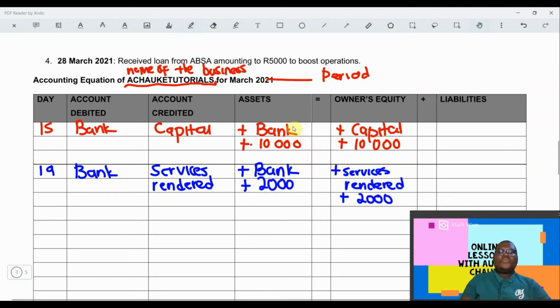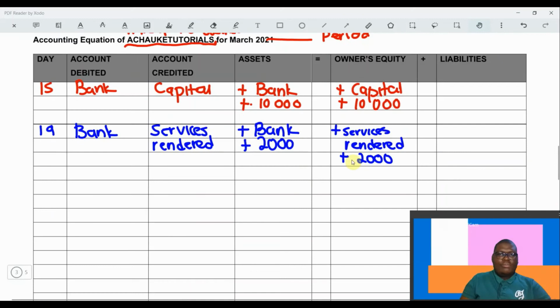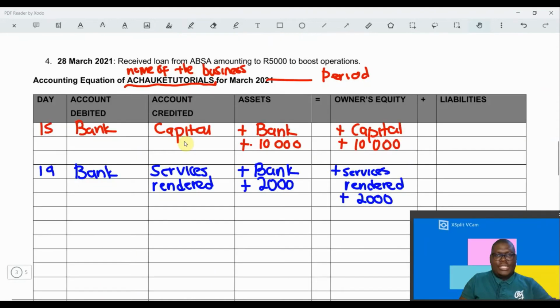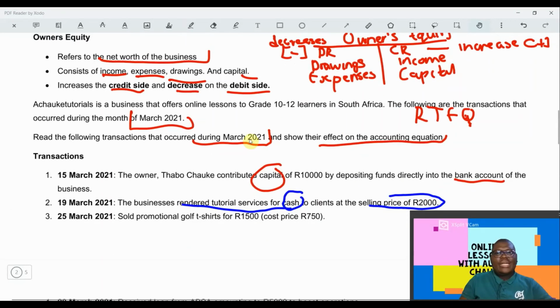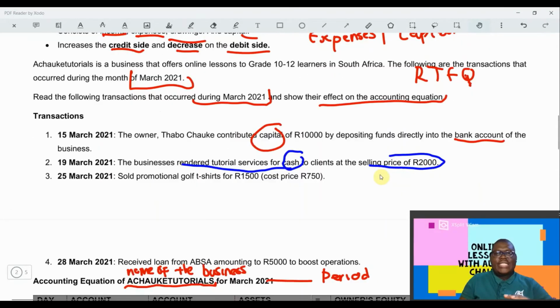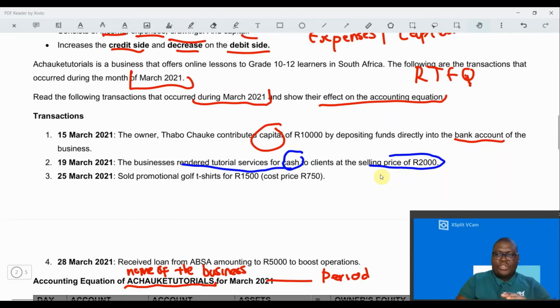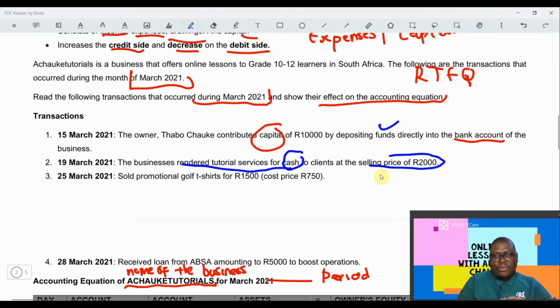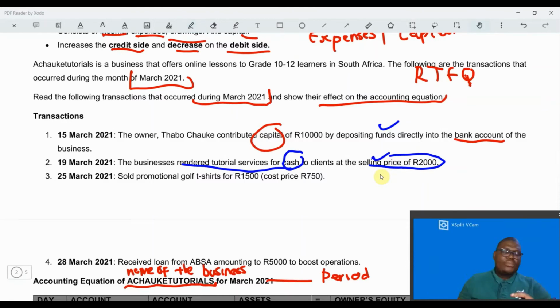Okay, I have enough space, so which is why I've decided to just write this below this. The most important thing is that I've shown the amount and the accounts that are affected, and so far you are done. We are done with the second transaction. We've recorded, we've shown also the effects, we've also applied the double entry principle.